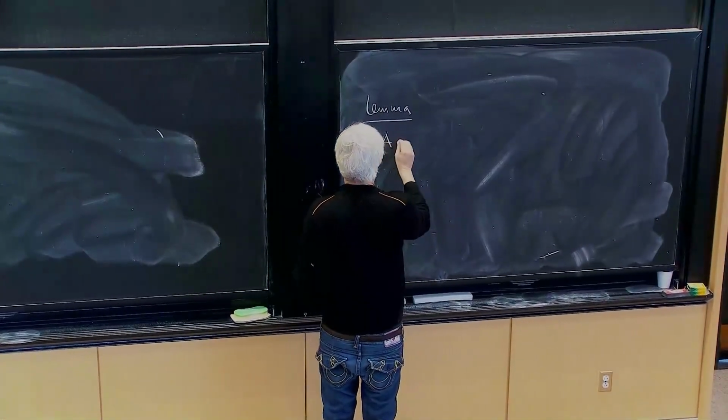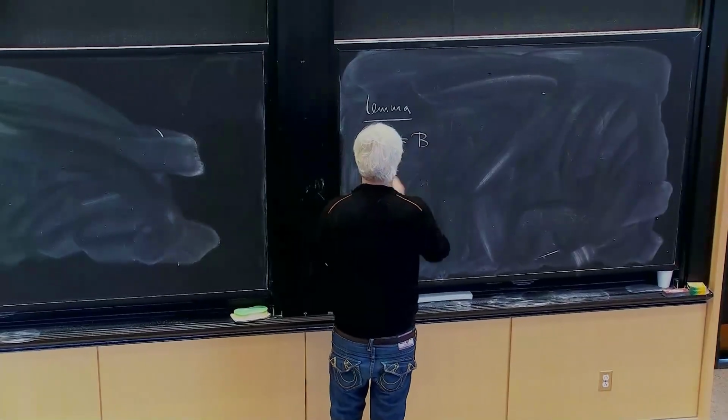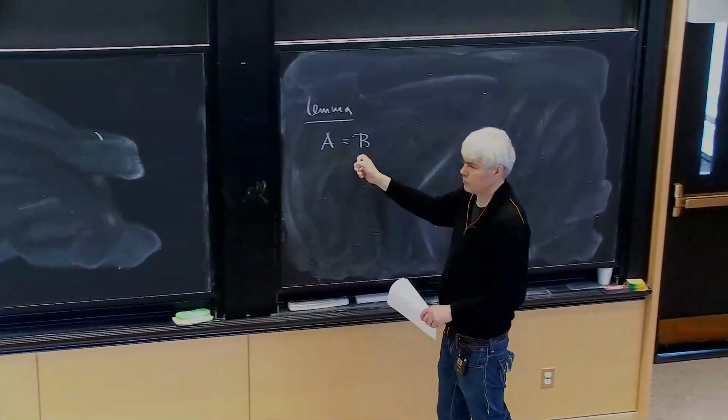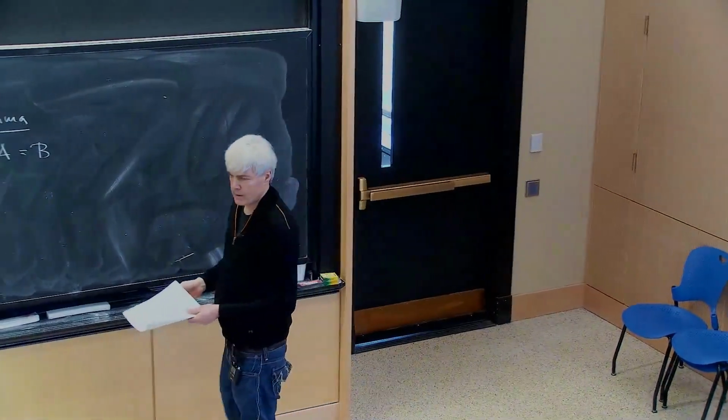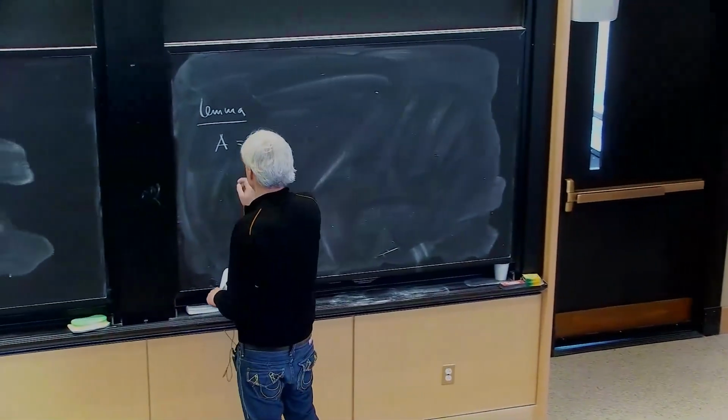If you are trying to prove that two sets are equal, then in a way it's natural to divide this into two parts.